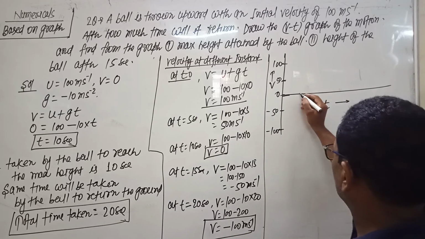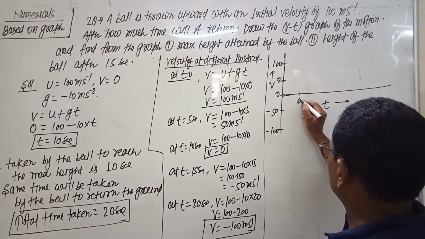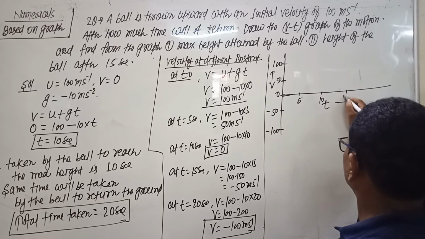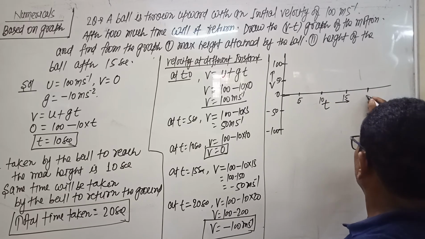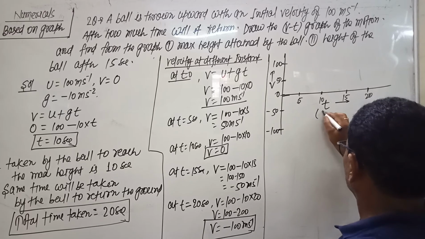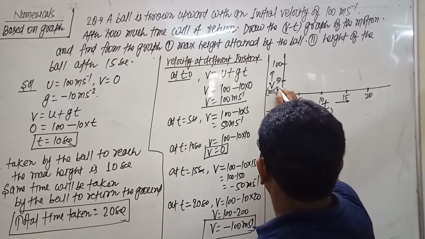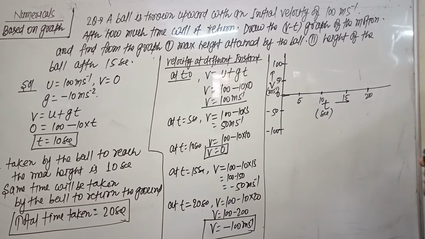The time intervals taken are 5 seconds, 10 seconds, 15 seconds, and 20 seconds. Time is given in seconds and velocity in meter per second.